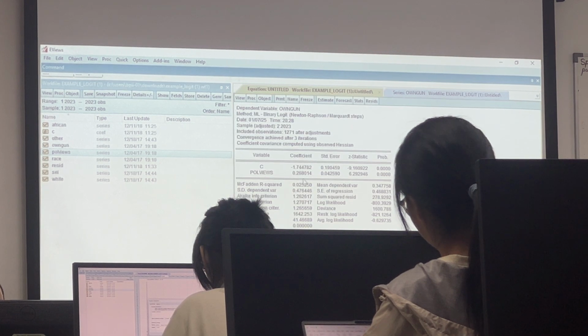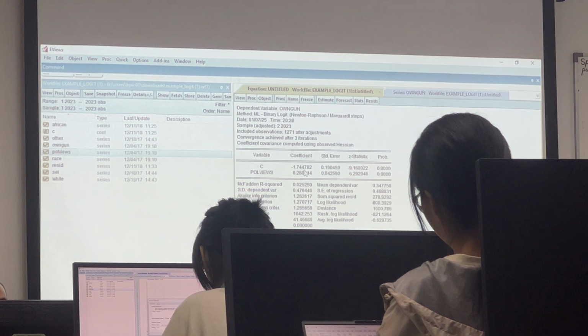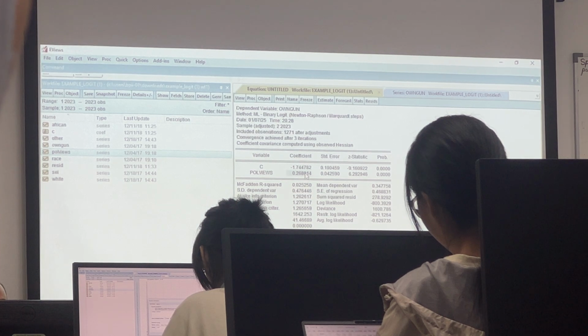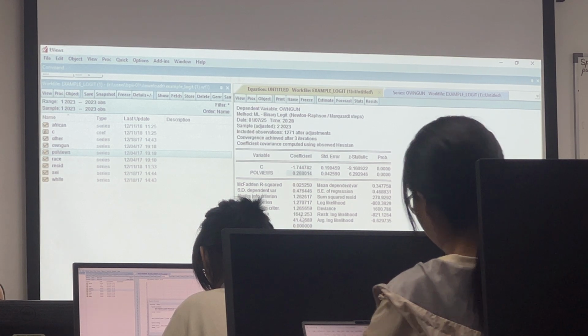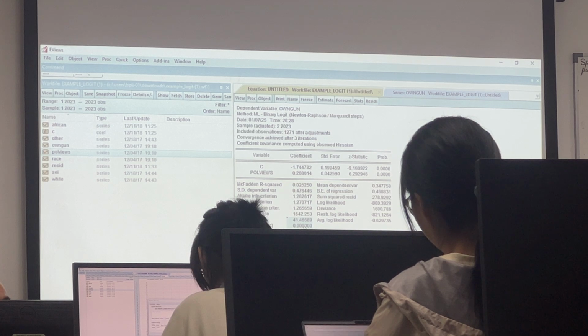Okay, so we get the estimate values, an estimate for the intercept and an estimate for the slope for the political views. Here we see that we have the LR statistic, which is equivalent to the F test.